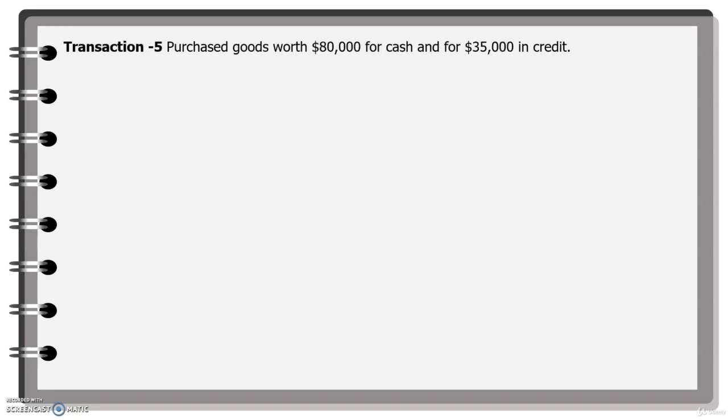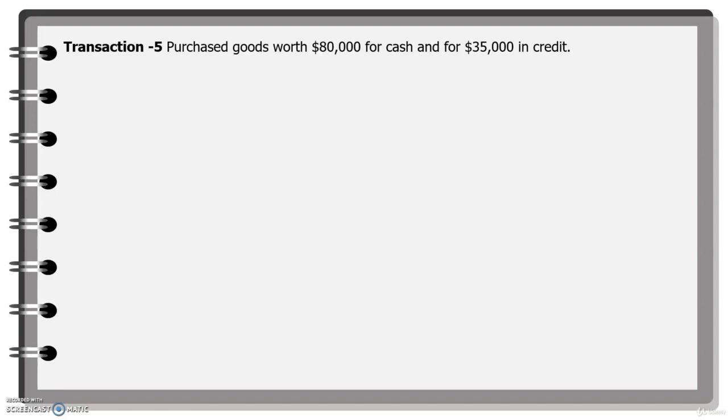Next, transaction 5: purchased goods worth $80,000 for cash and $35,000 on credit. So this transaction will affect cash balance. This will affect your inventory, that is stock, and it will also have an impact on liabilities, because $35,000 is on credit.